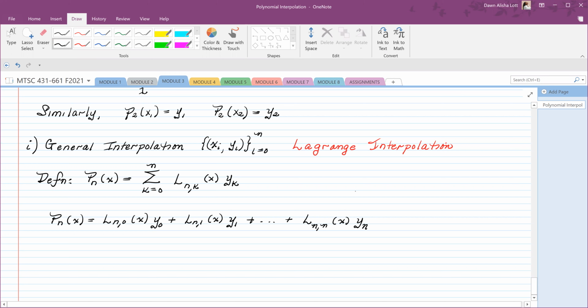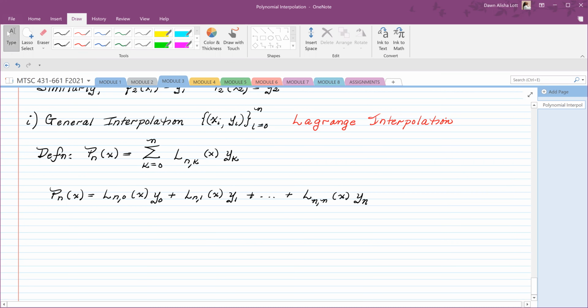Each one of these Lnk is a coefficient polynomial. So Pn of x is the nth Lagrange interpolating polynomial.